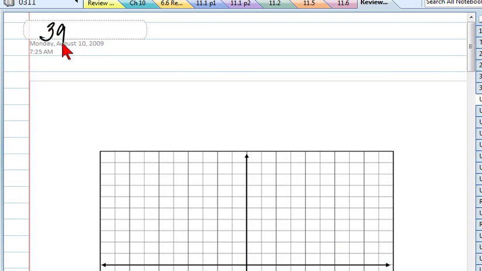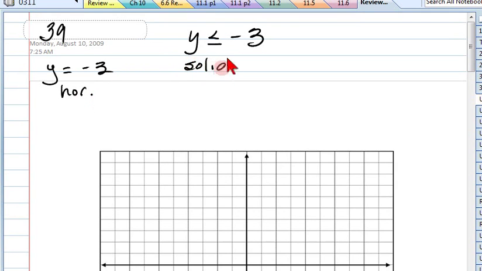Number 39. I'm supposed to graph y is less than or equal to negative 3. Well, what does the line y equals negative 3 look like? It's a horizontal line. Will this one be solid or dotted? It'll be solid. And because it says y is less than this, I will shade below.